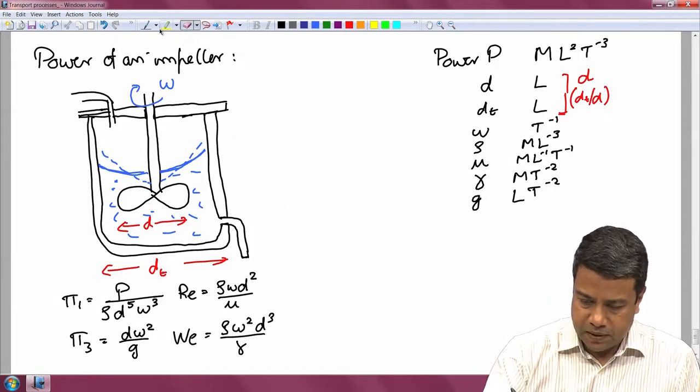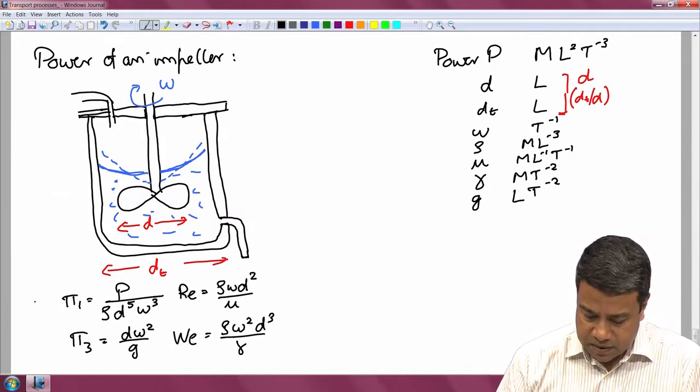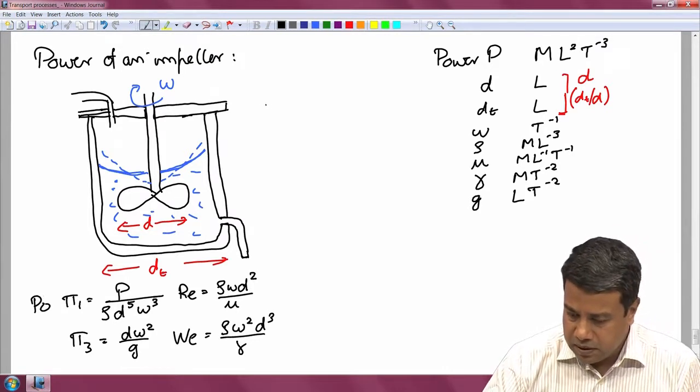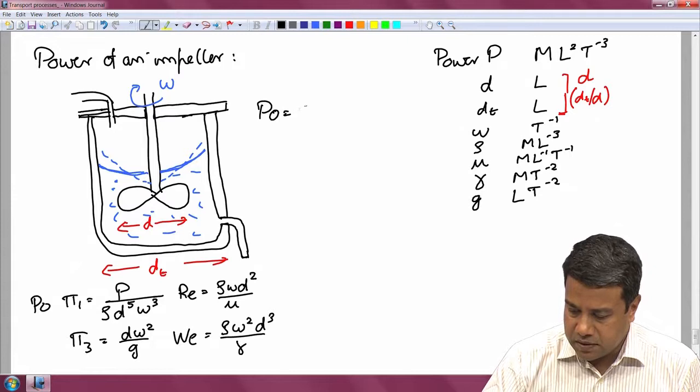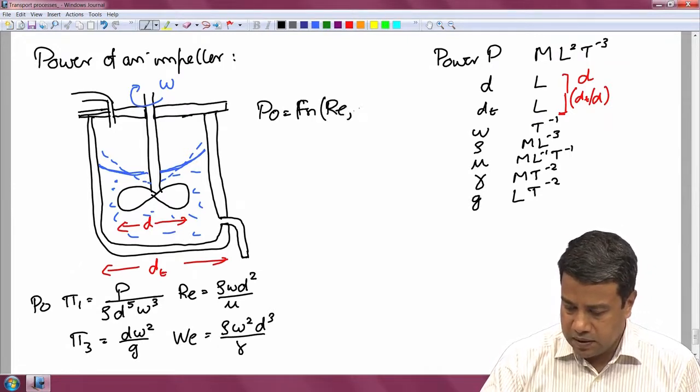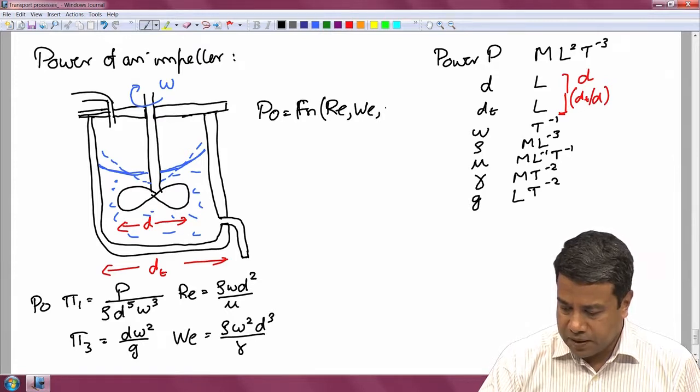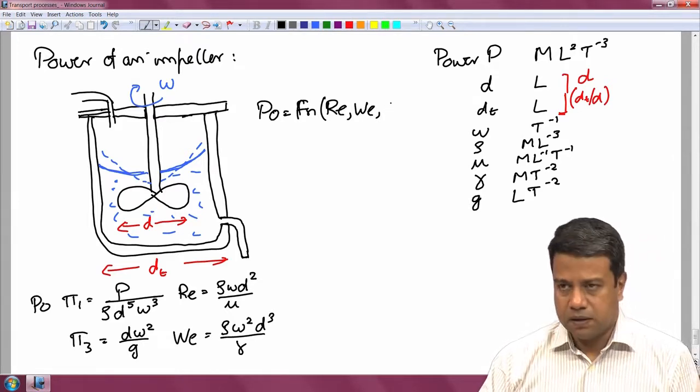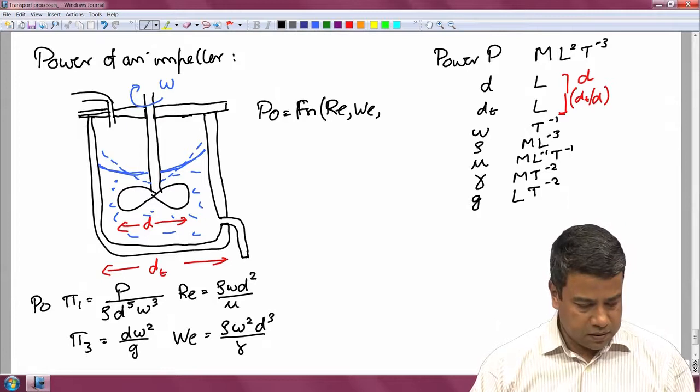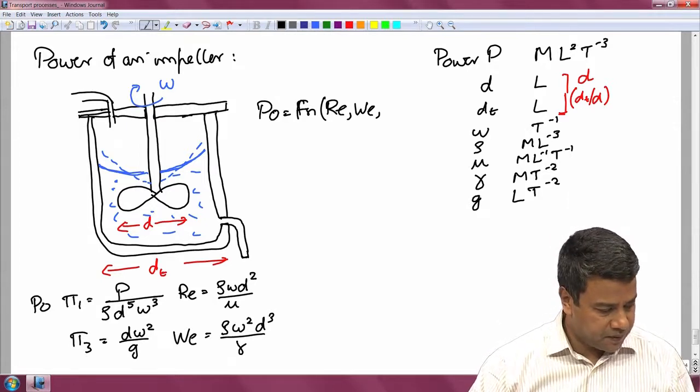So, therefore, I have this dimensionless group, this power number. This power number is equal to some function of the Reynolds number, the Weber number, and this is called the Froude number.